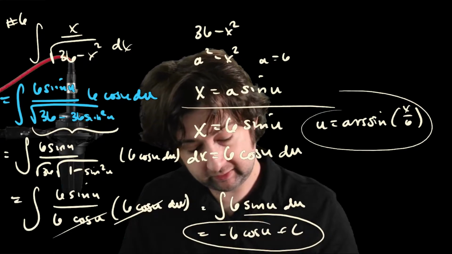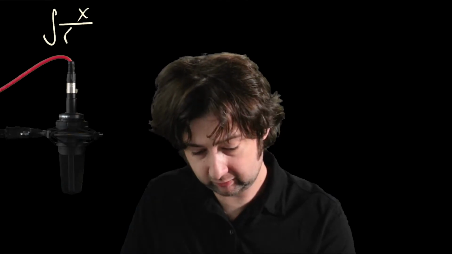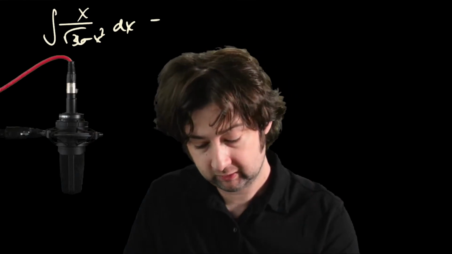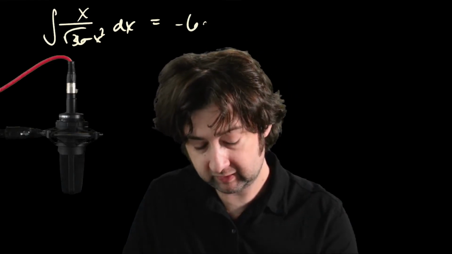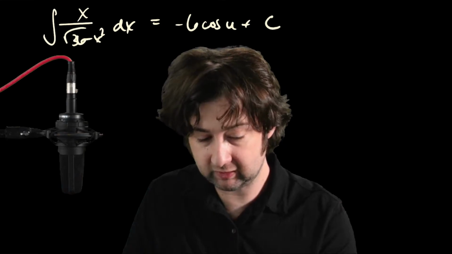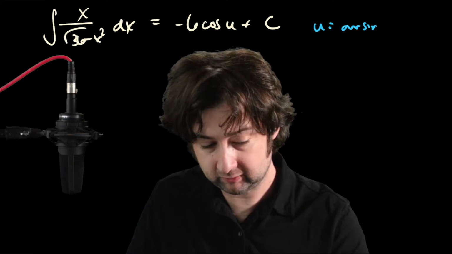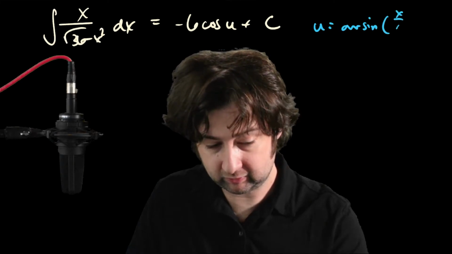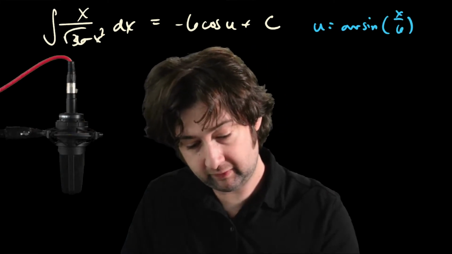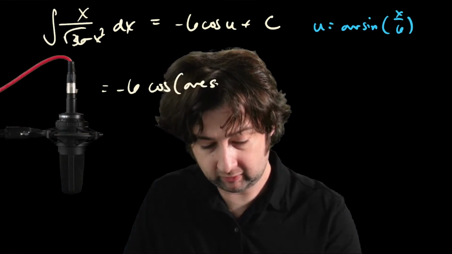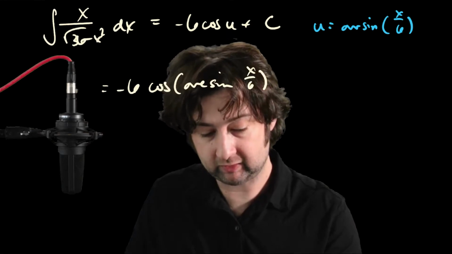So all of this together is going to tell me that the integral that I started with, x over the square root of 36 minus x squared dx, I have reduced to being equal to negative 6 times the cosine of u plus c, but the u that I used was equal to the arcsine of x over 6. So all of this is minus 6 cosine of the arcsine of x over 6.